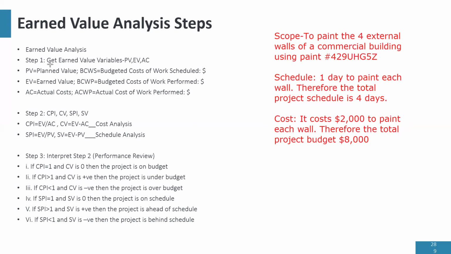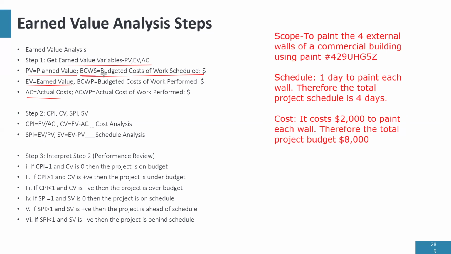Now that I have information, let's look at the 3 steps of earned value analysis. The first step of earned value analysis is to get your earned value variables. And what are your earned value variables? PV, EV, and AC. Now, PV stands for planned value, and PV is also known as BCWS. In fact, the older name for planned value is BCWS. And the older name is better. You know why? It tells us what planned value is.